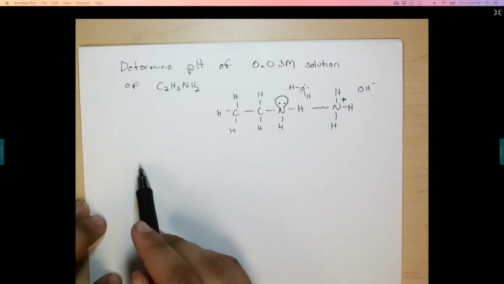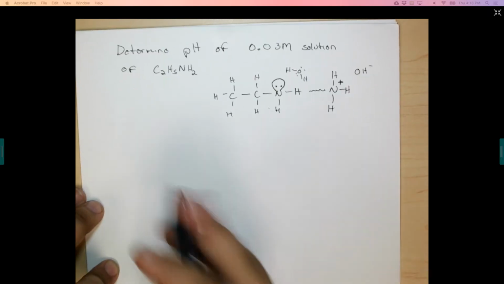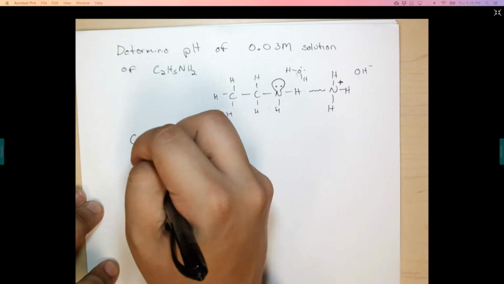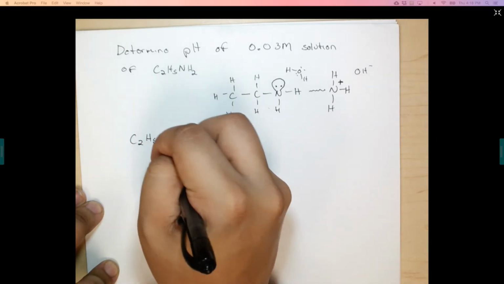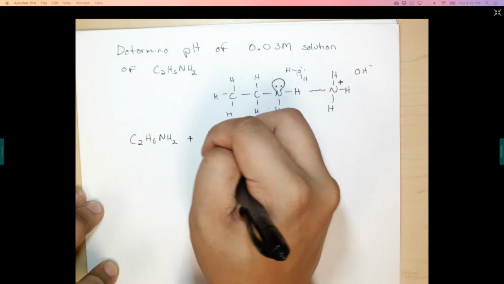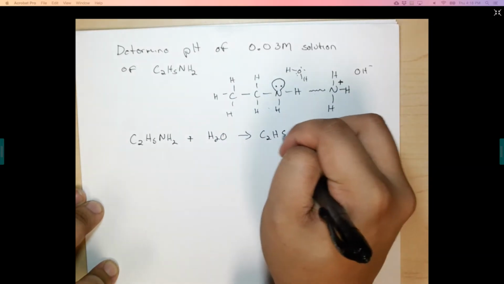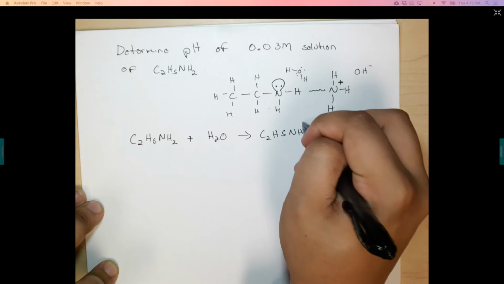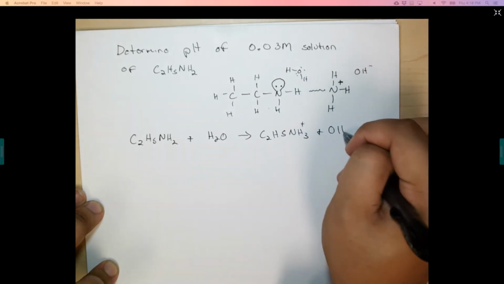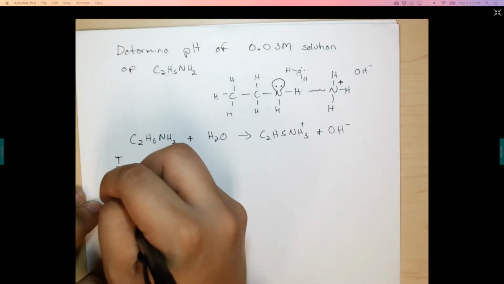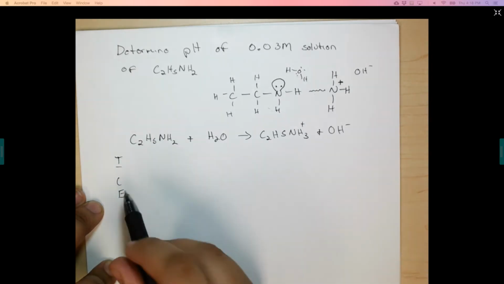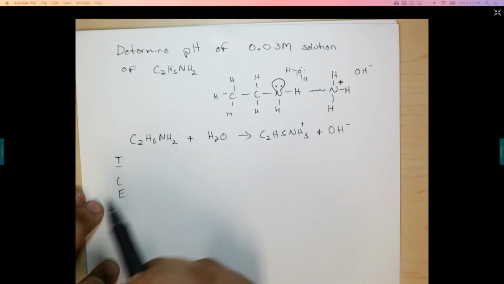Now when we draw this and write out our reaction, as we should always get in the habit of doing, C2H5NH2 plus water gives us C2H5NH3 plus hydroxide, and we go to an ICE table. Do not get in the habit of always working with acids or always working with bases.